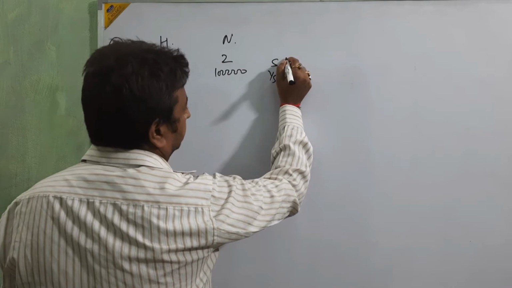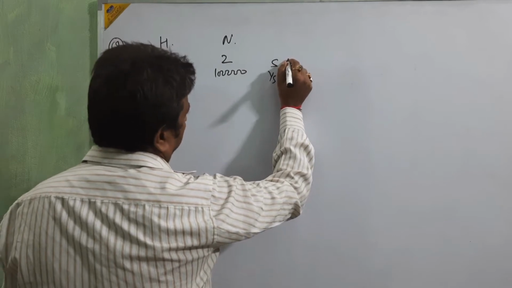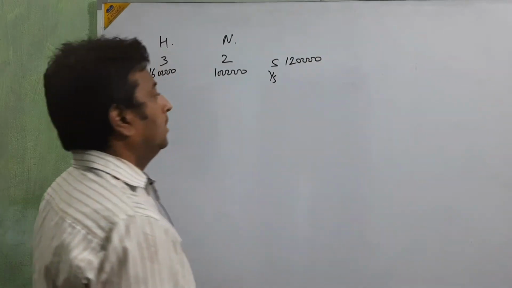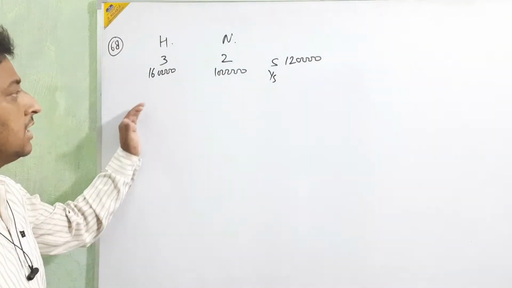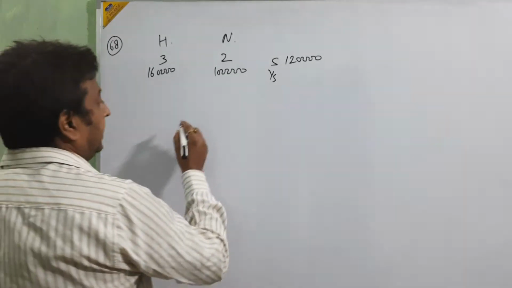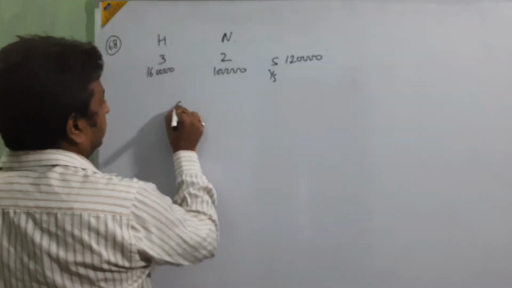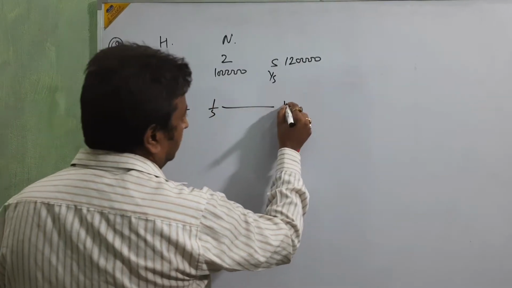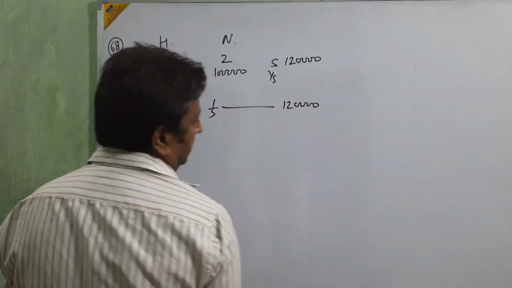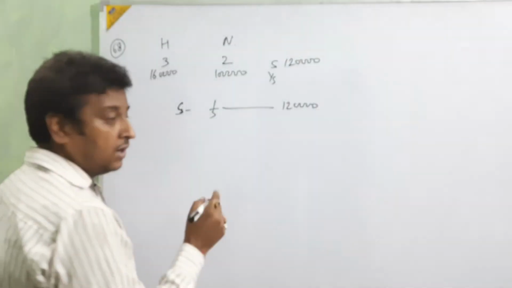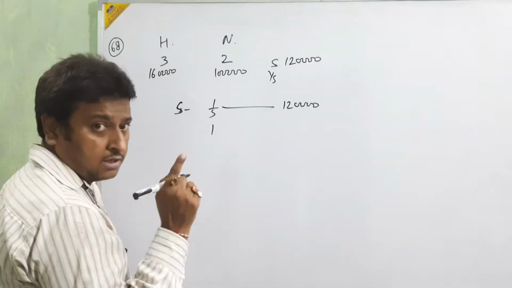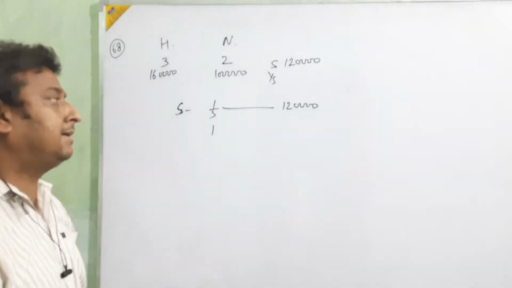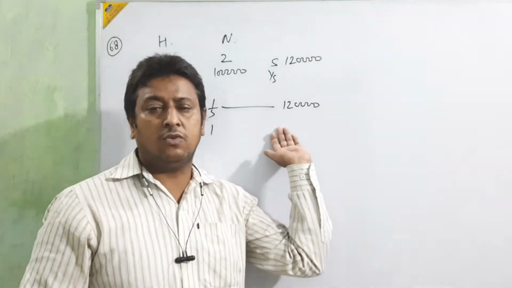Somesh brought 1,20,000 as capital. On the basis of this we are going to calculate the hidden goodwill. For the 1/5 share the new partner comes with 1,20,000.